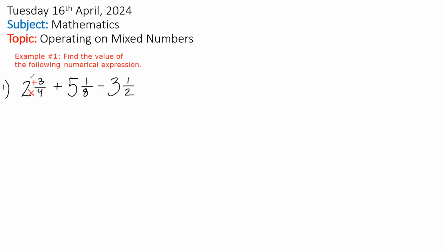In order for us to convert this mixed number into an improper fraction, the first thing we have to do is multiply 2 and 4. When we multiply 2 times 4, we get 8. 8 plus 3 is 11.